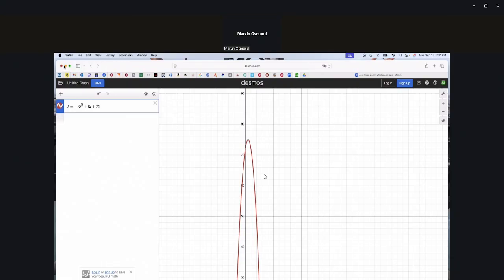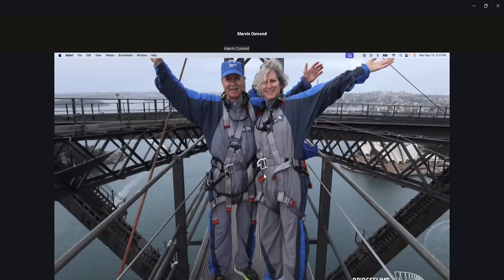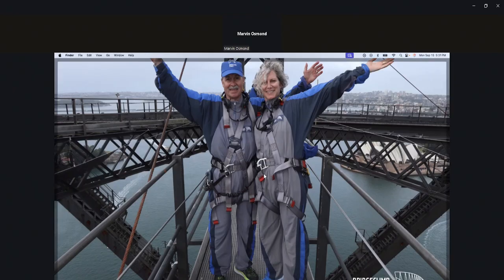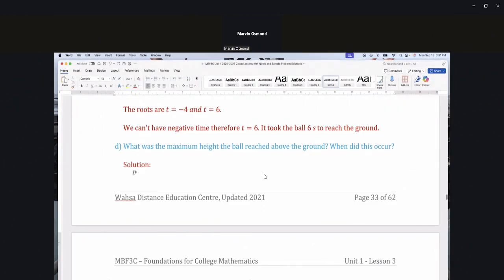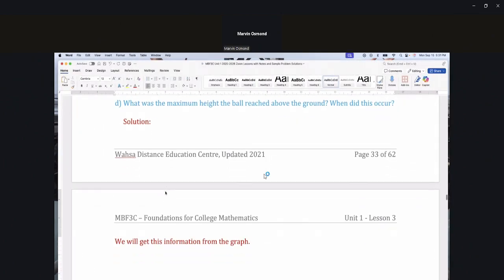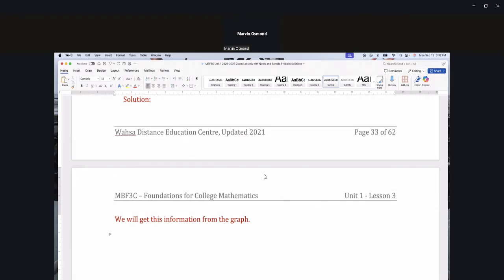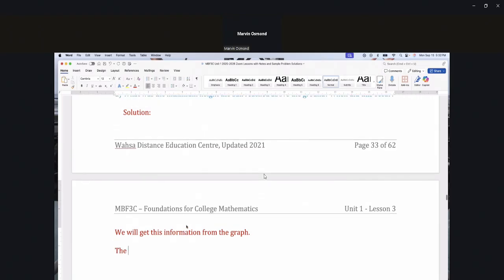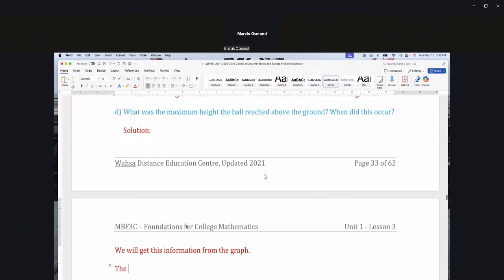So let's get rid of that for now and get my graph. Okay, so let's answer the question. It says, what was the maximum height the ball reaches above the ground?